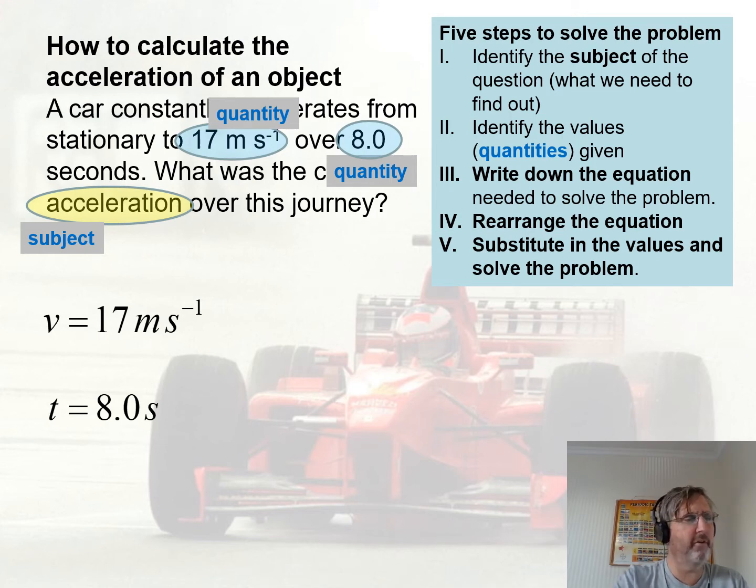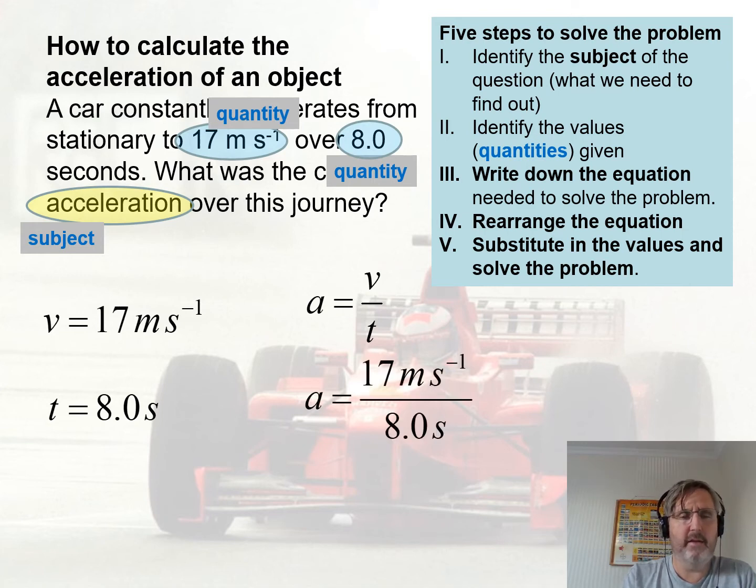Which one of the 2 equations we've already met are we going to use here? Right, we're going to use this equation. A equals V over T. Remember, this is a simplified version of A equals change in V over change in T. I substitute 17 for V and 8 for T, and then I solve to get my answer.